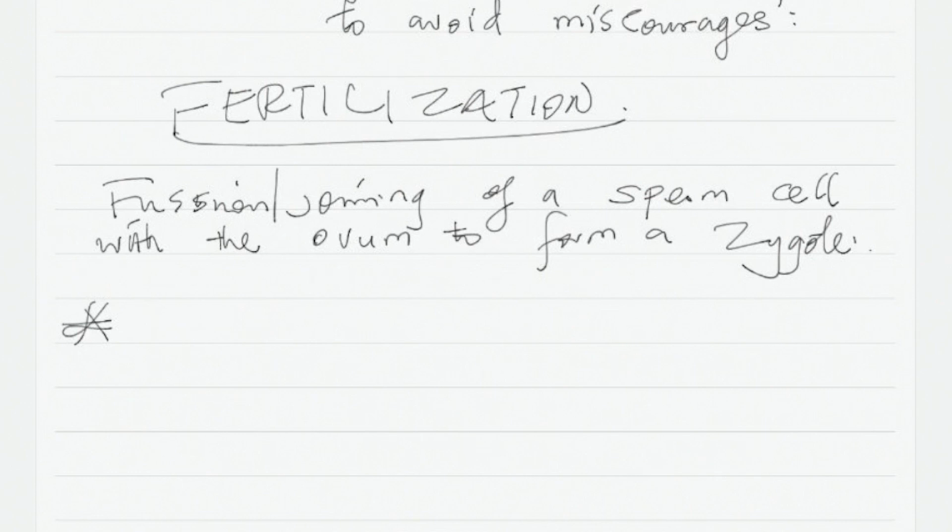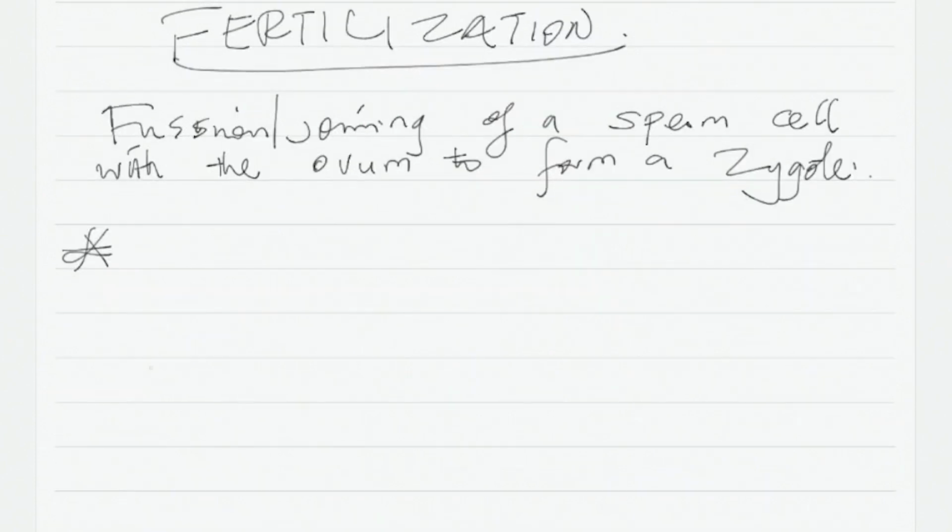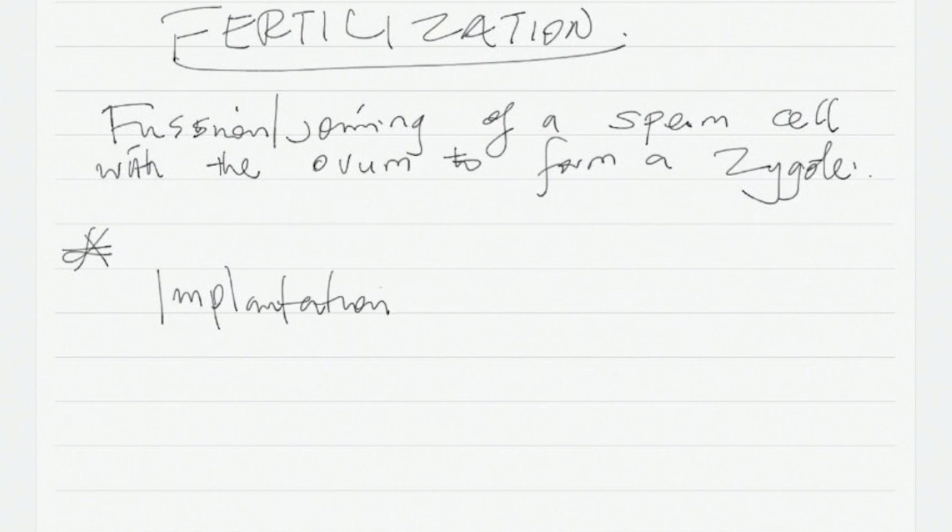It's not a lot of sperm cells that fertilize an ovum. It is just one sperm cell that fertilizes an ovum to produce a zygote. Okay. Now let's look at implantation.